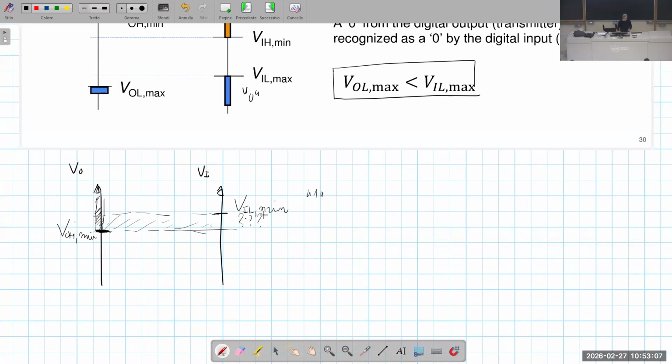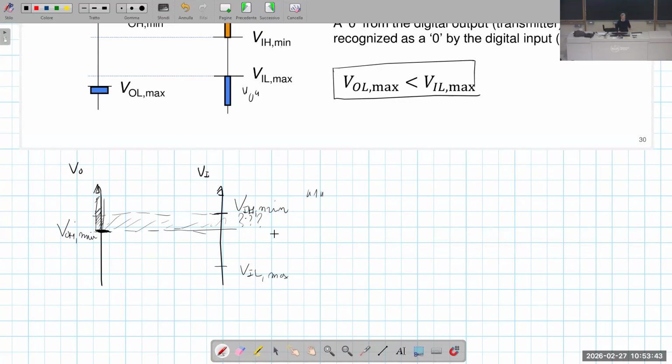If it is in the gray area, that is below VIH minimum but above VIL maximum, the logical behavior of the gate is unpredictable. In one device, it can be recognized as a 1. In another device by the same manufacturer, it can be recognized as a 0.